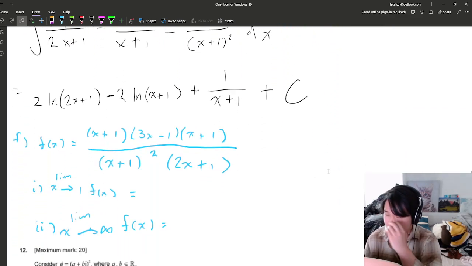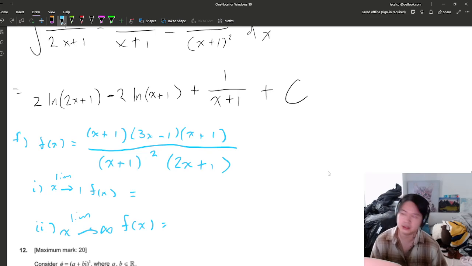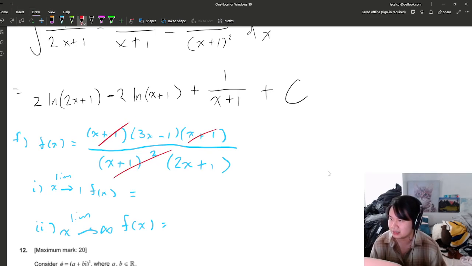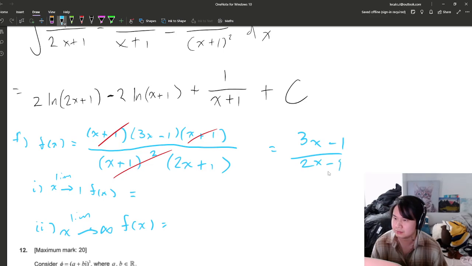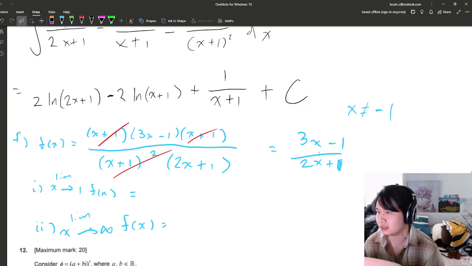Okay. Let's see. We can simplify for the first one. X plus 1 cancels with this x plus 1. So your function reduces to this. And then provided, of course, that x is not equal to negative 1, which they said that it wasn't, I'm pretty sure.